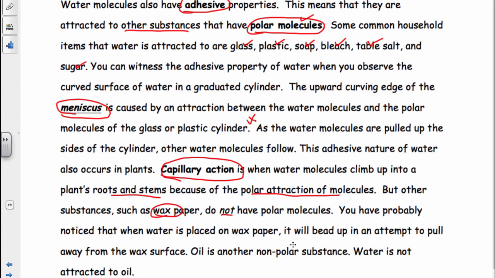Okay, so how will we understand the adhesive qualities of water? And one thing to remember is that an adhesive is something that glues or connects or binds one substance to another.